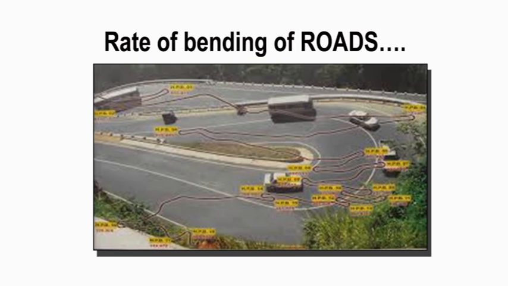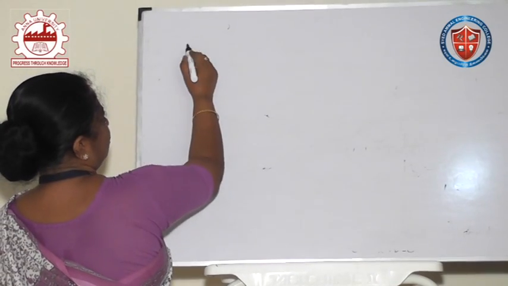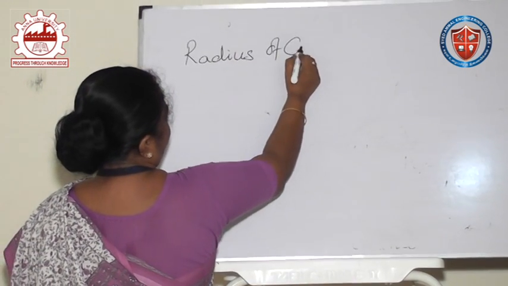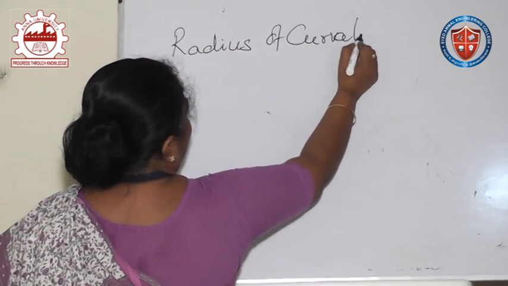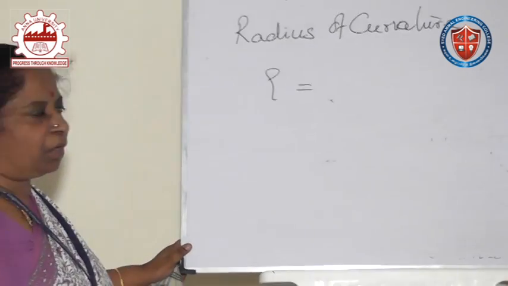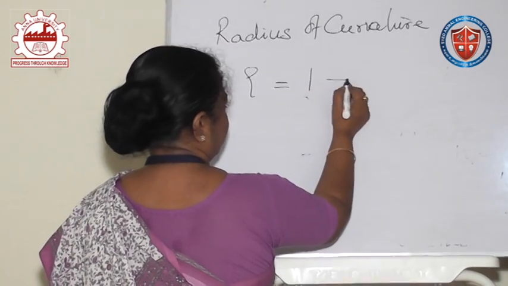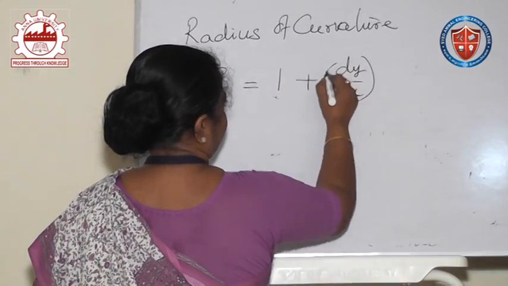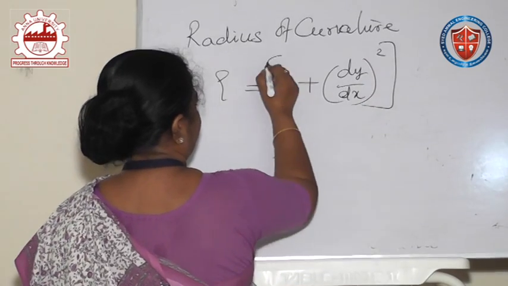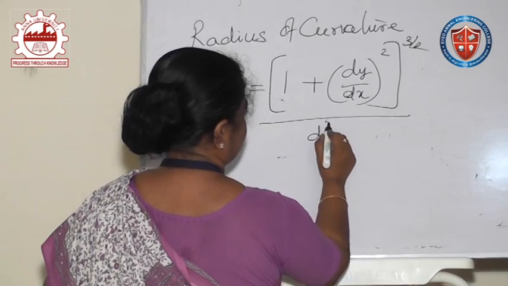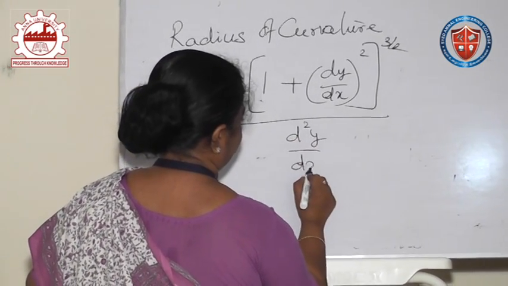Now the calculation of radius of curvature gives you the formula: the radius of curvature in our x and y coordinate system is rho equal to 1 plus dy by dx the whole square, the whole raised to the power 3 by 2, divided by d square y by dx square.